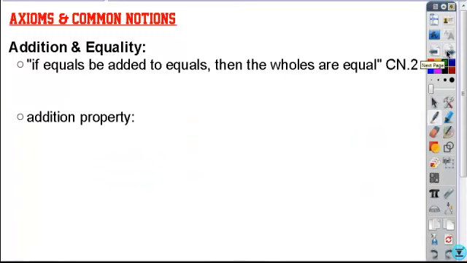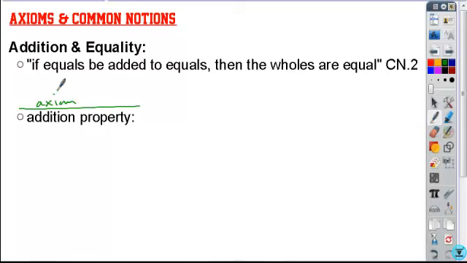All right, the next axiom and the second axiom introduced in the Elements is one that you should be familiar with. Or again, it's a common notion because it's historically speaking. The wording is if equals are added to equals, then the wholes are equal. All this is what we went through in algebra as the addition property.